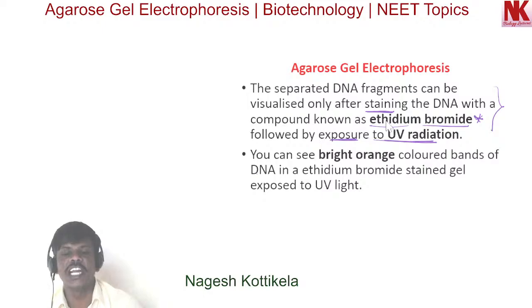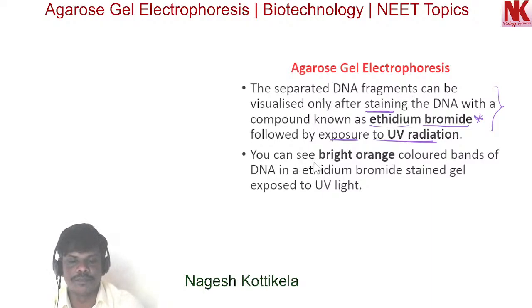Okay, staining with ethidium bromide and followed by exposure to UV radiation. So this is very much required for observing the DNA fragments. So the separated DNA fragments can be visualized in this manner.